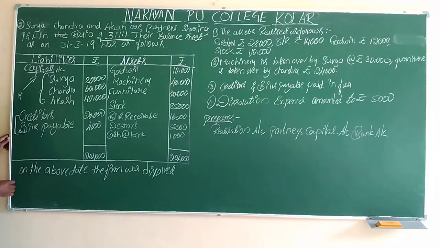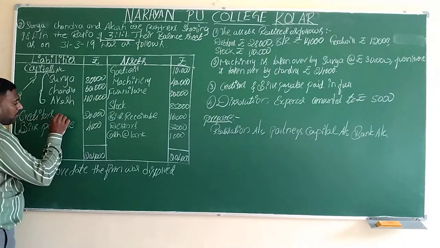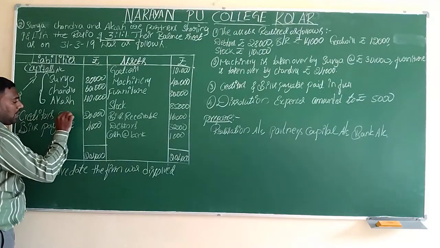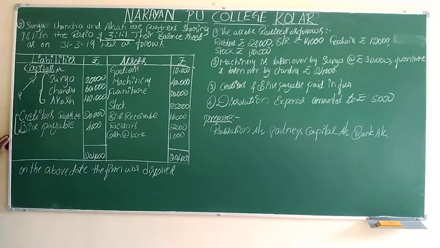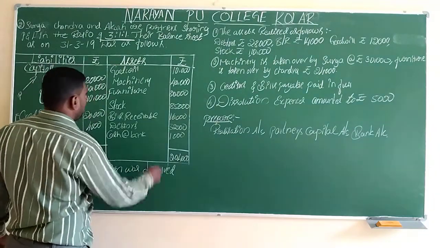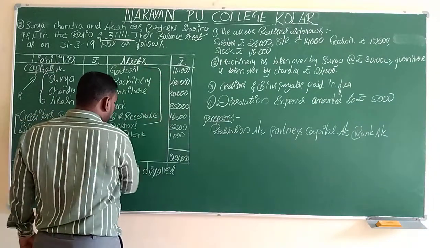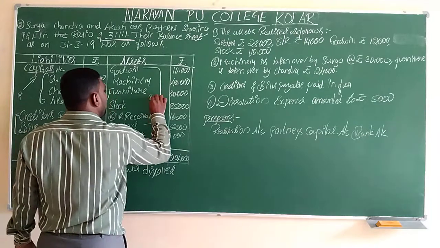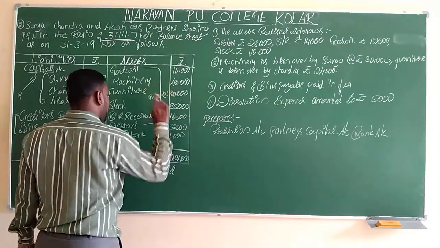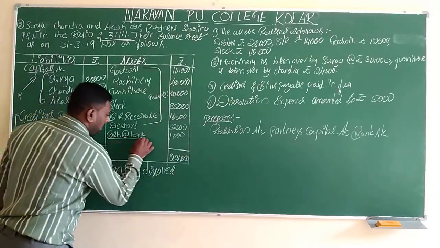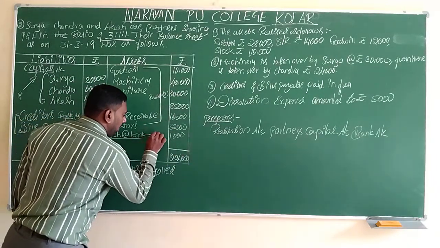Creditors and bills payable, these two are liabilities and will come to the realization account. Credit side we have to record it under step number 2. Come to the assets side. All the tangible and intangible assets will come to the realization account debit side, except cash at bank, which will come to the bank account only.